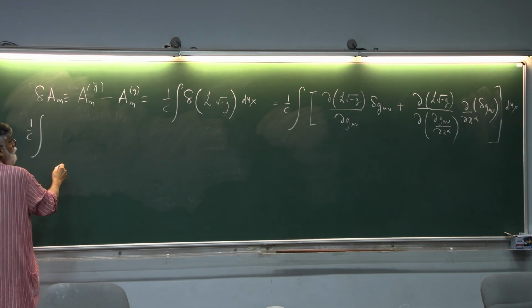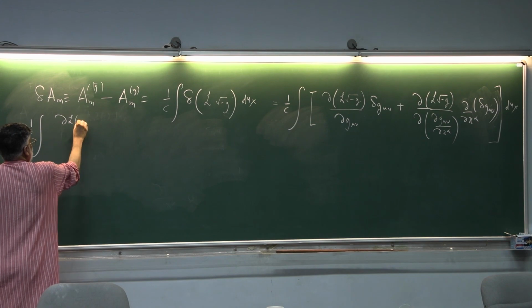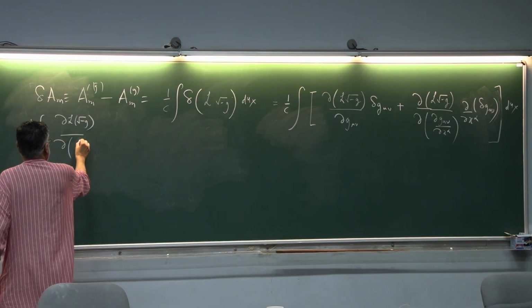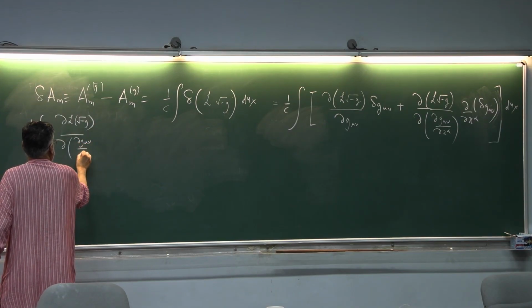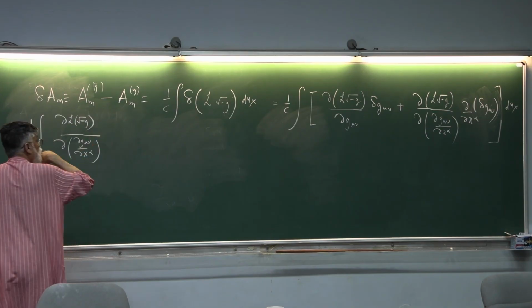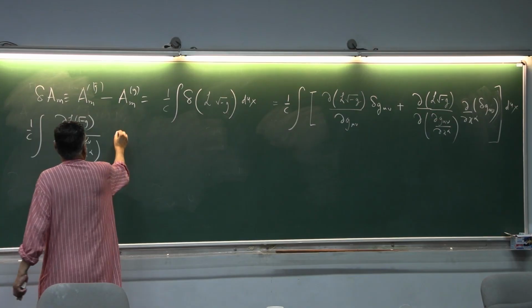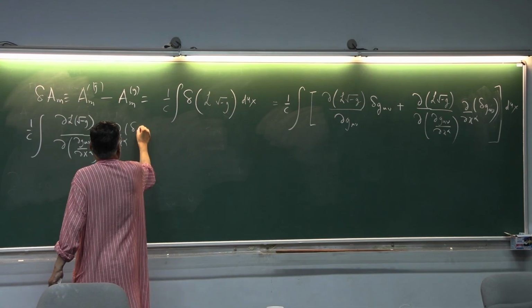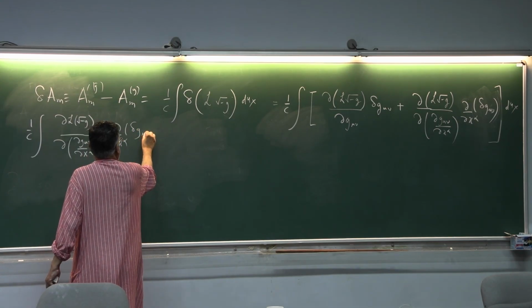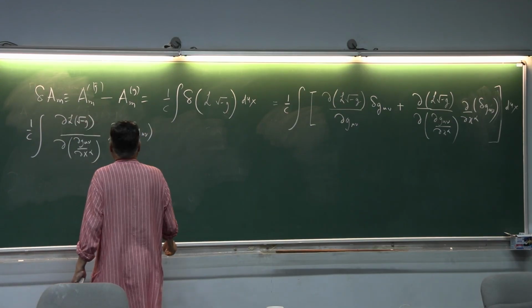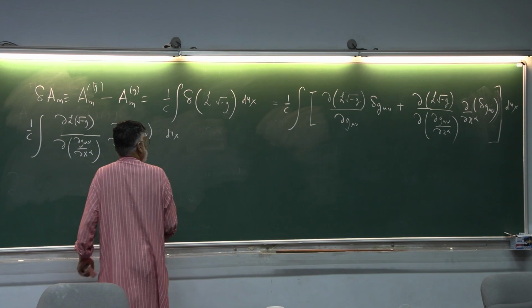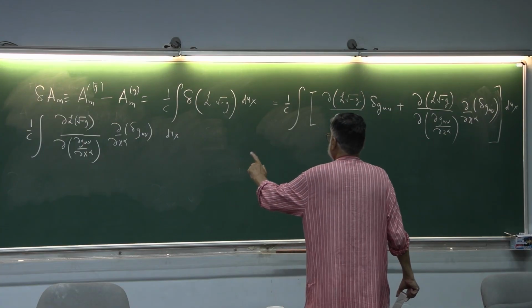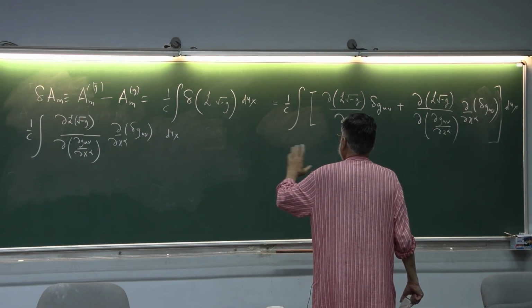One over c, del L root minus G by del of del G mu nu by del x alpha.